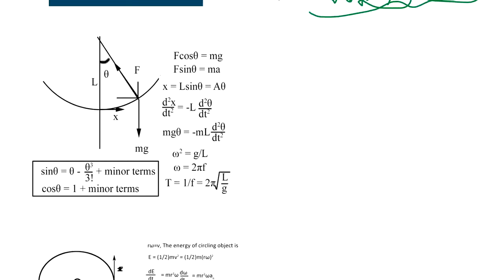Okay, so a typical circular motion: the pendulum. The mg is cos theta and the distance is sine theta. Okay, and this force is ma. In the equation, the x distance is sine theta, and if theta is small, say this L is very large, right?